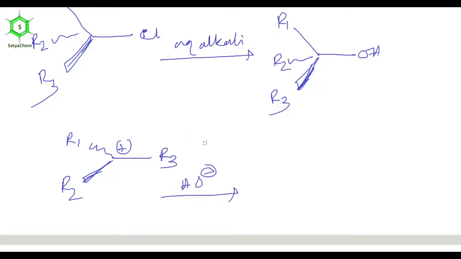So HO minus can attack either from the top or bottom, because it is planar structure. Then yes, you will get this one. So besides this, obviously you will get this tertiary alcohol, but additionally you will get this alcohol also.